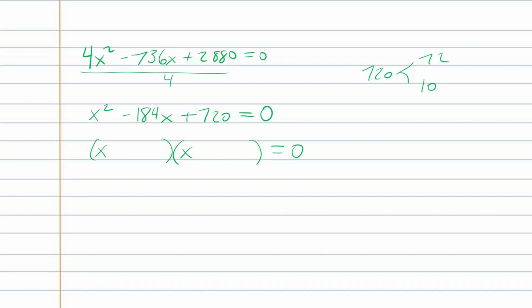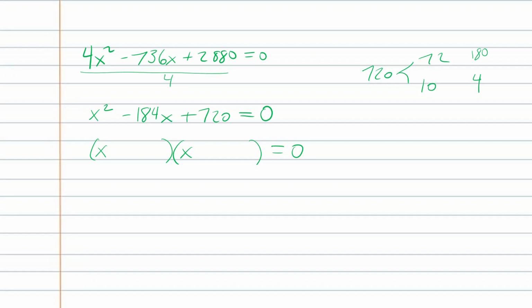Remember, it has to multiply to give you 720. What if I did, say, 180 and 4? That's the one that's kind of jumping out at me right now. If you multiply 180 times 4, you do get 720.